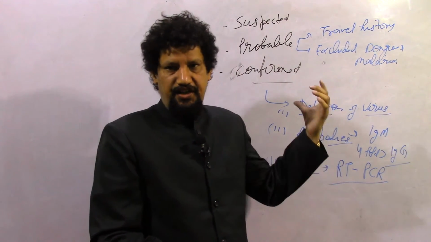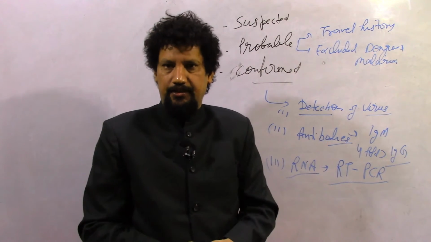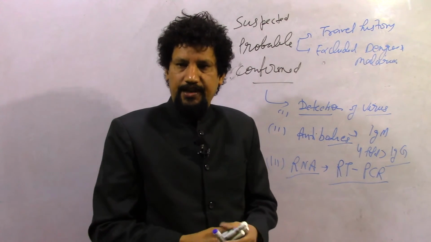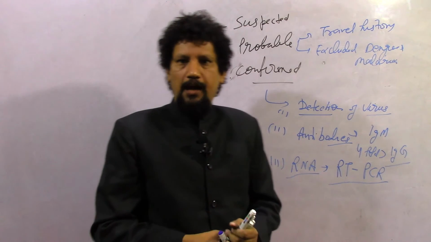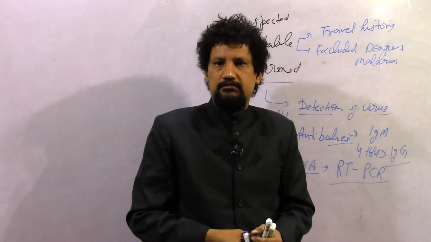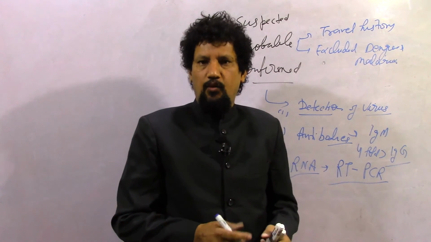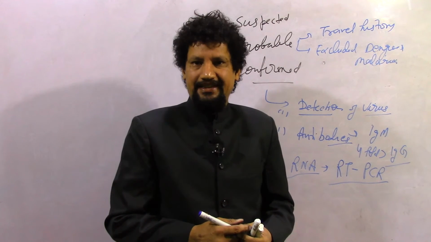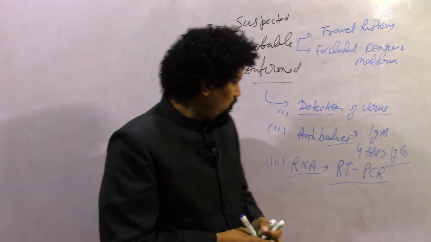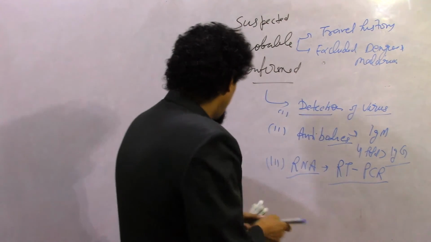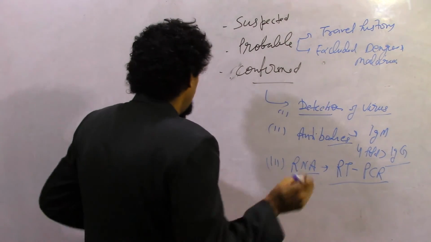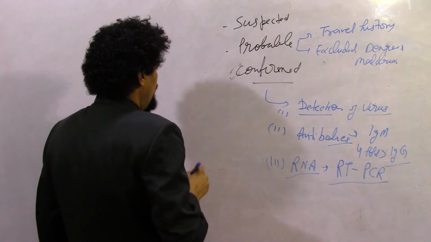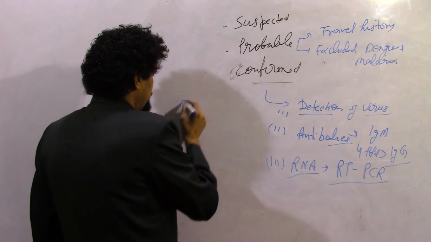Besides these criteria, there may be lymphopenia. Hemorrhagic episodes are not seen generally with the chikungunya. These are very, very common with the dengue infection. So, thrombocytopenia may be seen, or the thrombocyte count may be normal.